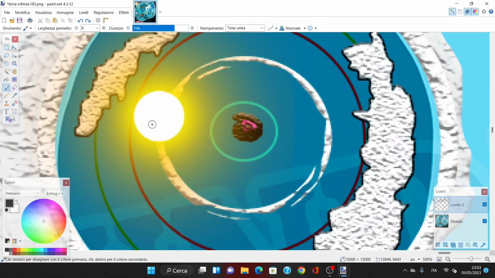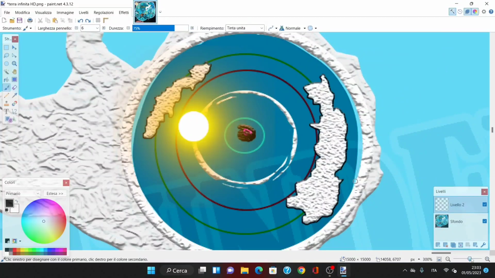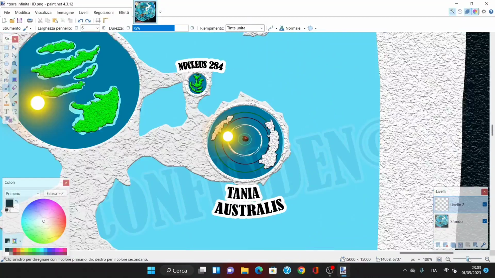Eventually, in the last third of the millennia, the sun actually goes to this third equator that exists in the lands of Tanya. Once this happens, this continent becomes completely burned up, becoming some kind of huge volcano the size of an entire country on Earth.